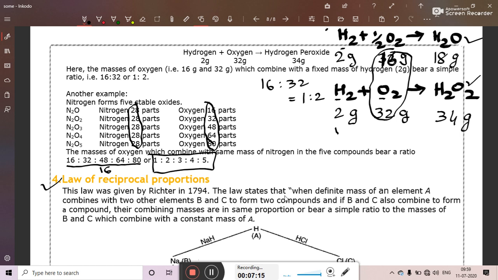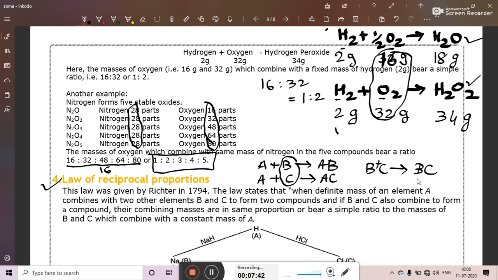form two compounds. Okay, so if A combines with B to form a compound, and if the same element A combines with C to form another compound, then B and C will also combine with each other to form the third compound, that is BC.